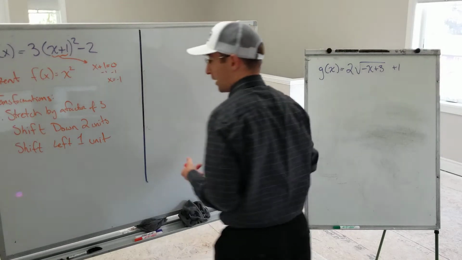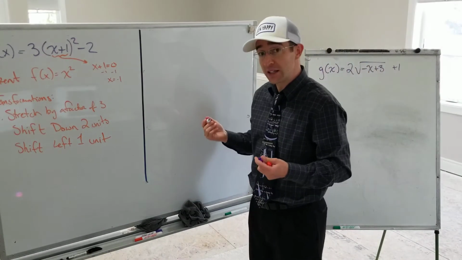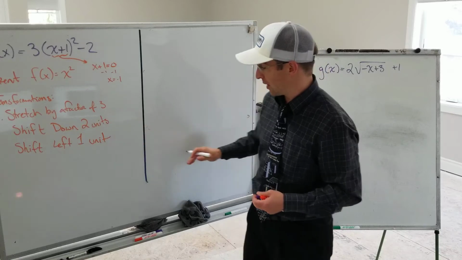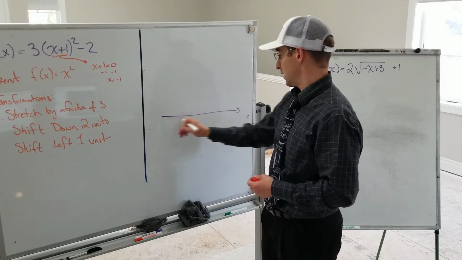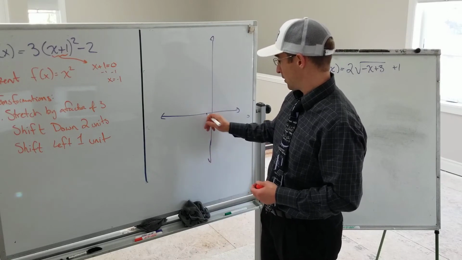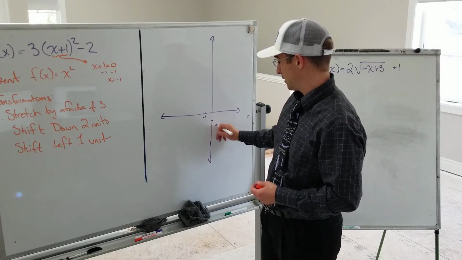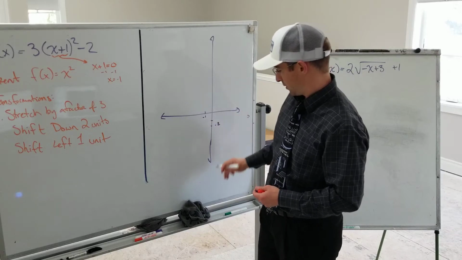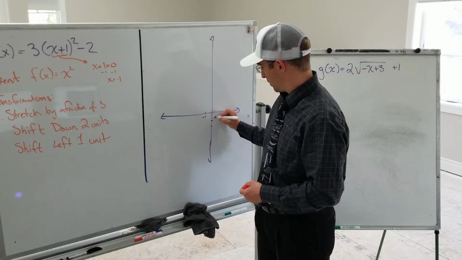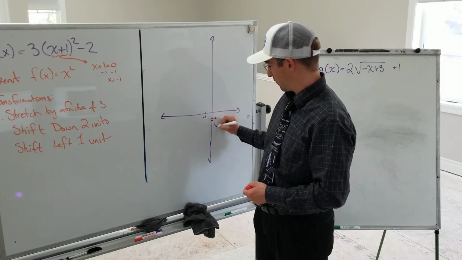So now we can go ahead and graph this fairly easily, actually. So we know we're going to have to be down 2 and left 1. So I can make my grid like this. So left 1, -1, -2 there. Actually, I'm going to do this. -2, -4.